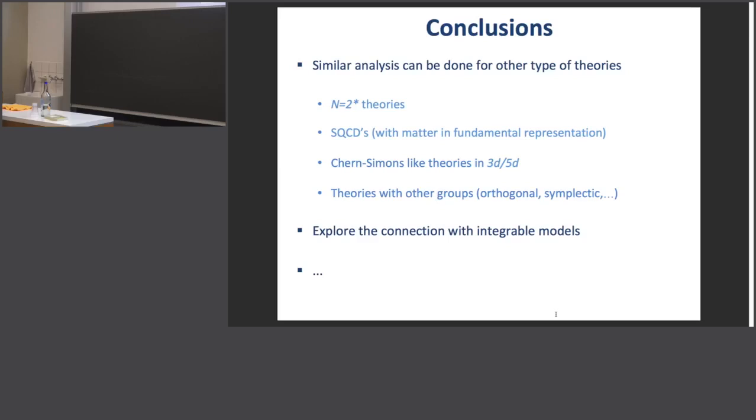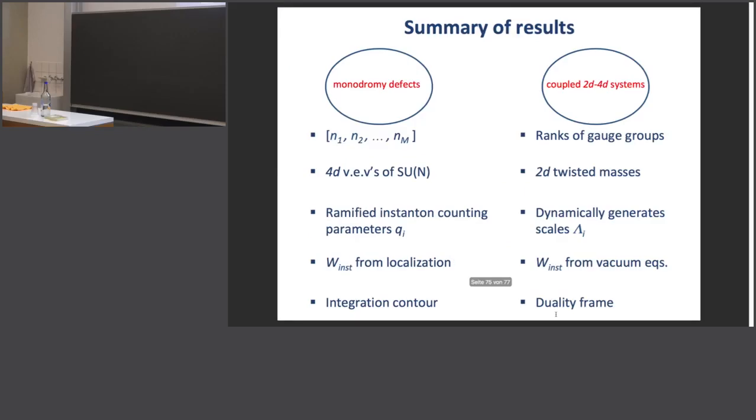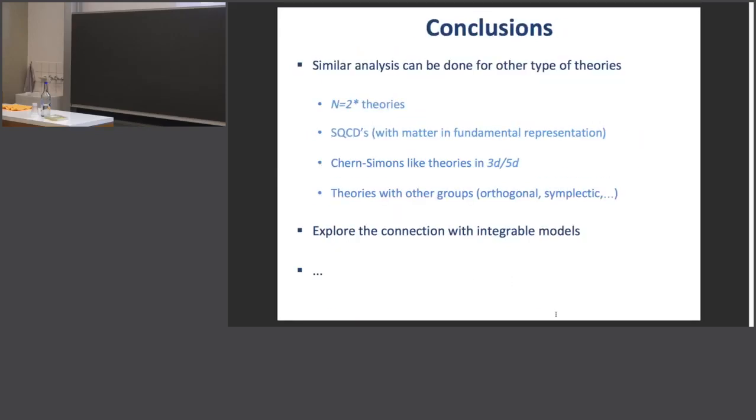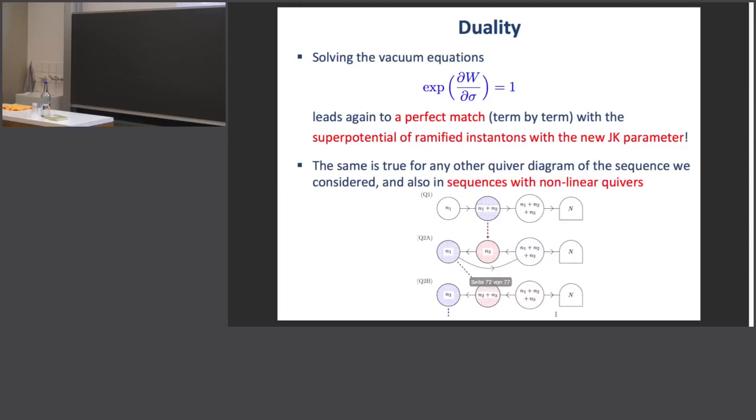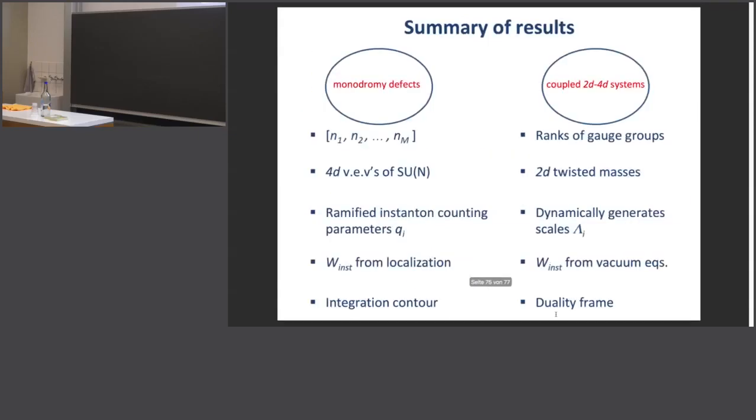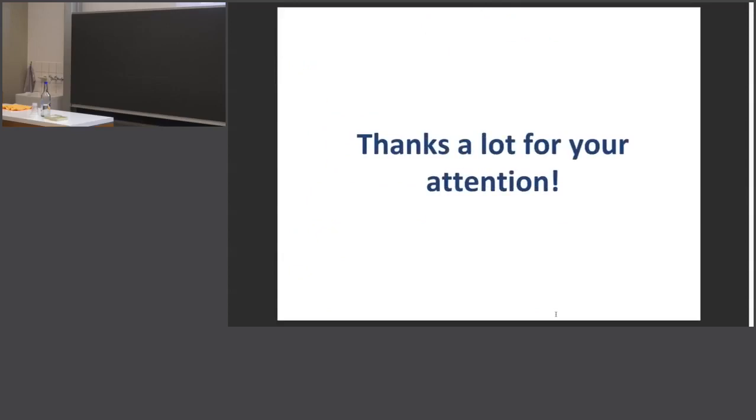So far I discussed the SU(N) groups, but it would be nice also to see how the details work for orthogonal or symplectic. It would be also very interesting to explore the connection of this approach with integrable models, because this kind of vacuum equations also appear in that context as well. And with this, I thank you very much for your attention.